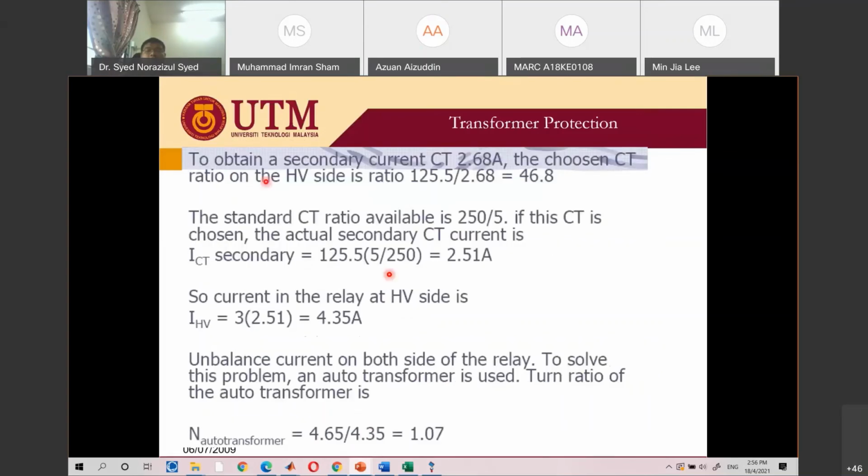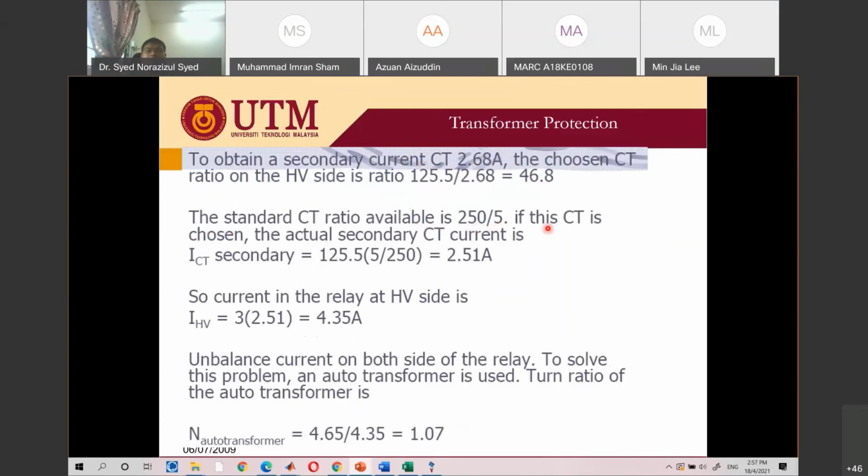Okay, and to obtain the secondary current CT of 2.68 amp, the chosen CT ratio on the HV side is: 1 to 5.5 is the maximum current, divided by 2.68 is equal to 46.8. And the standard CT ratio available is 250/5.